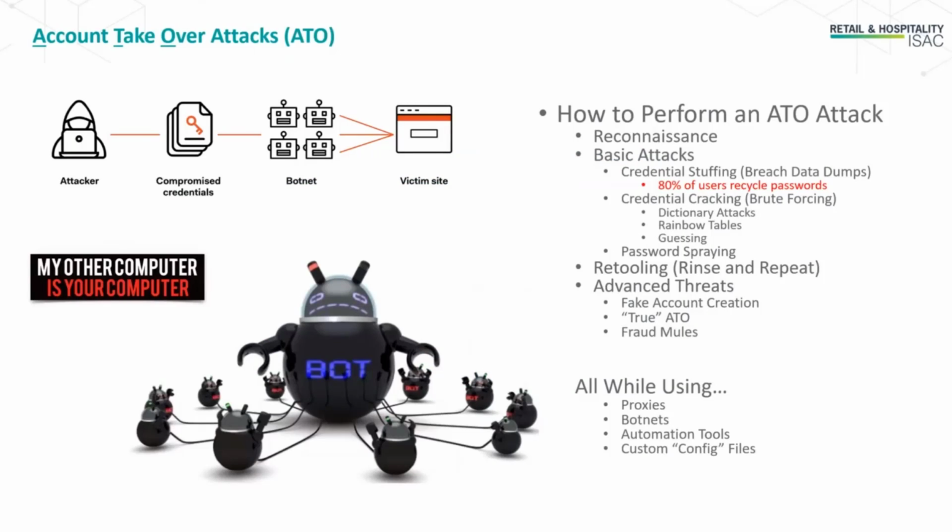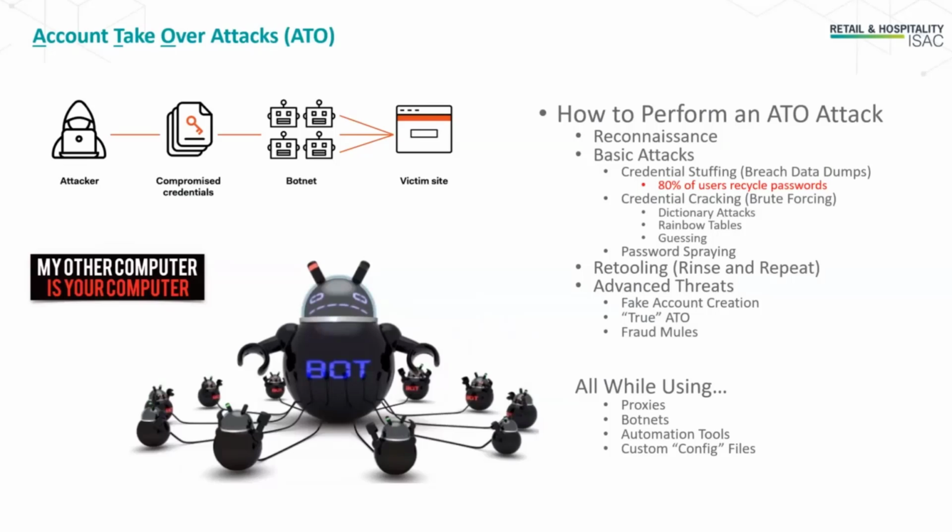The reason they do this, and we'll get into it more, is obviously to get the account or trade it for money. There are a lot of ways they'll do this, but the bottom line is that no human on the planet can bust through usernames and passwords dumping them in manually.